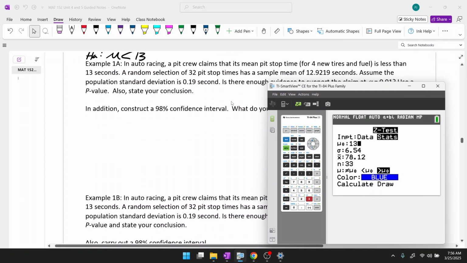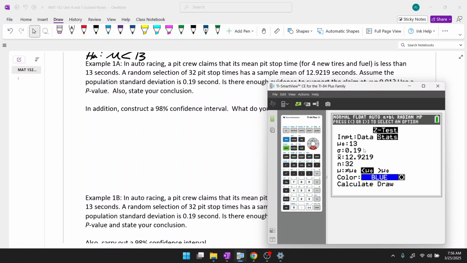The standard deviation is going to be 0.19. So the sample mean in this case is going to be 12.9219. Now you're probably thinking, why am I doing that? Well, trust me on that. And make that 32. And the alternative hypothesis is going to have to be less than here.